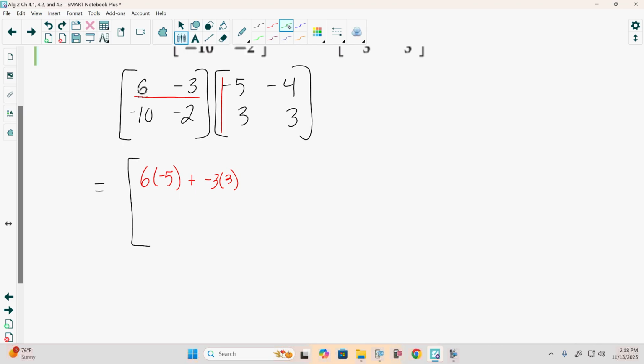Now, once we finish doing that, we're going to do first row, second column. First row of the first matrix multiplied by the second column of the second matrix. So we'd have 6 times -4 plus -3 times 3.